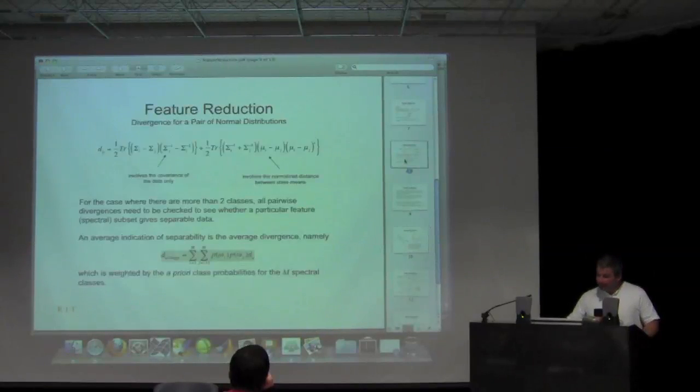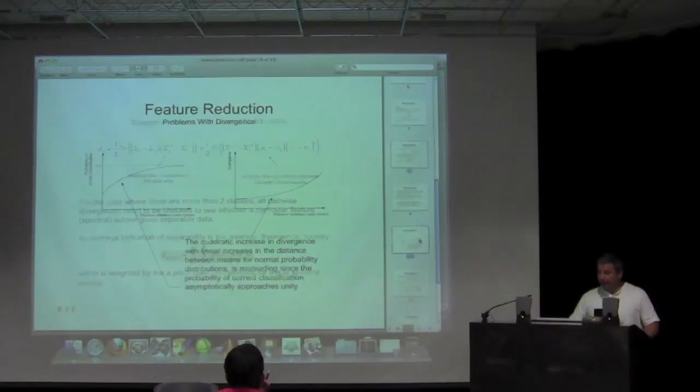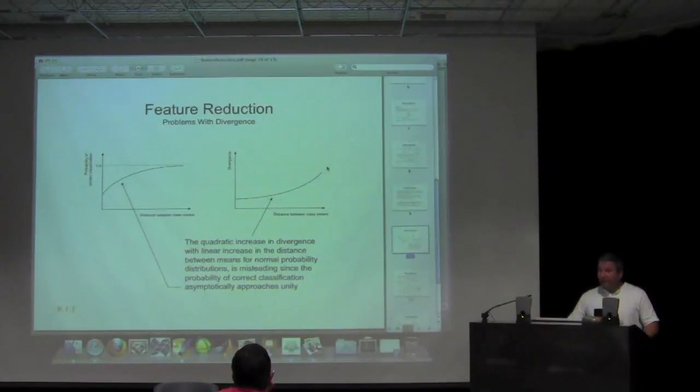Because if you go back and look at this, this is a squared term over here. So I'm going to get a quadratic increase in my divergence as I move further and further apart. As my two means become further separated, this term here is squared, so that divergence value is going to go up quadratically.